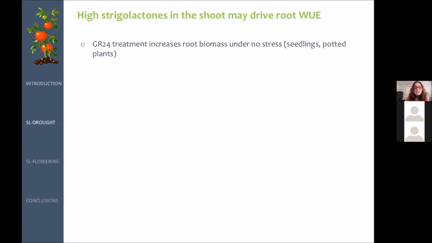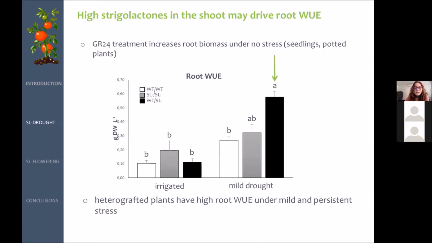What happens when we look at the grafted plants? Here you see an experiment in which you have self-grafted wild type and strigolactone-depleted plants. This is white and gray, and then heterografted plants in black. And the plants are potted in greenhouse and either kept at 100% field capacity or kept at 60% for 4 weeks, right before the beginning of flowering.